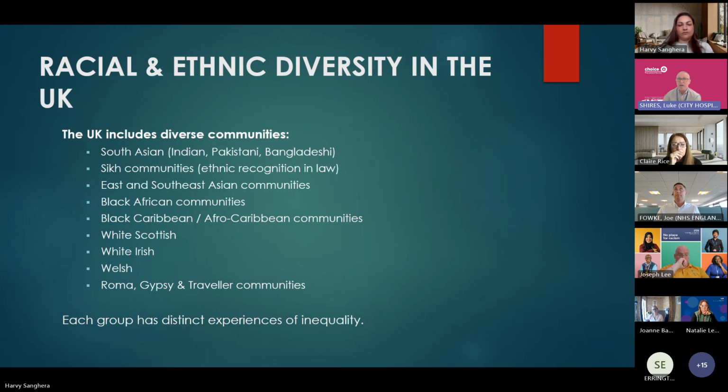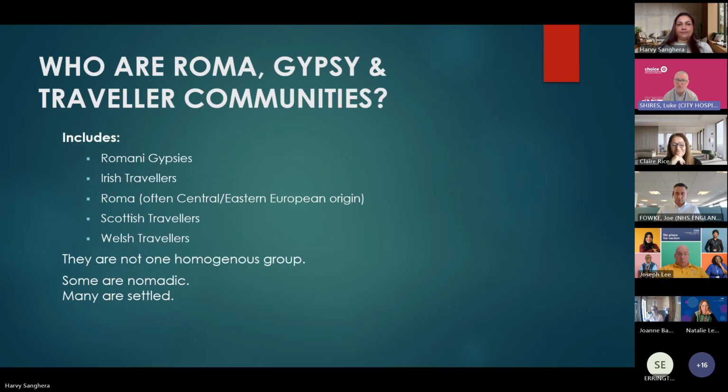I'm really pleased that my cousin Claire, who's on the call, is going to take us through the next slides, and I'll let Claire introduce herself. She's a strong advocate in this area, and she'll help us understand better.